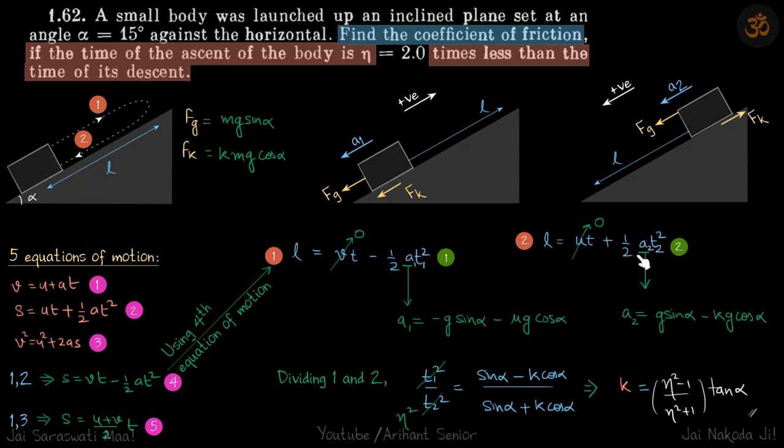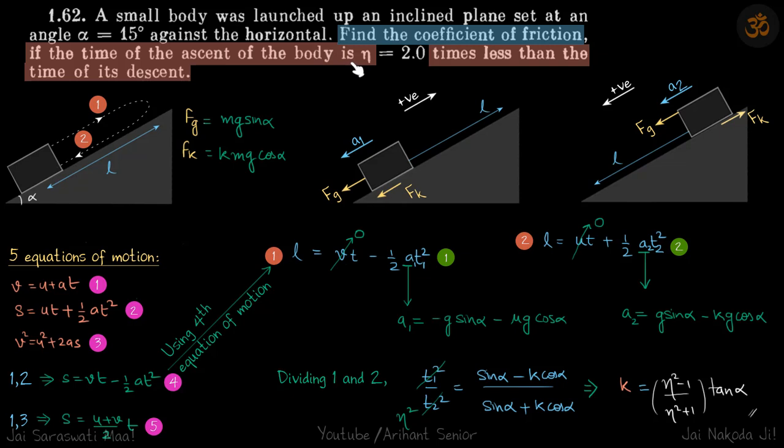We put the value of A2 here, and then we divide the two equations. So we get rid of L, and we get a relation between T1 and T2. What we get is T1 square by T2 square is equal to (sin alpha minus k cos alpha) by (sin alpha plus k cos alpha).